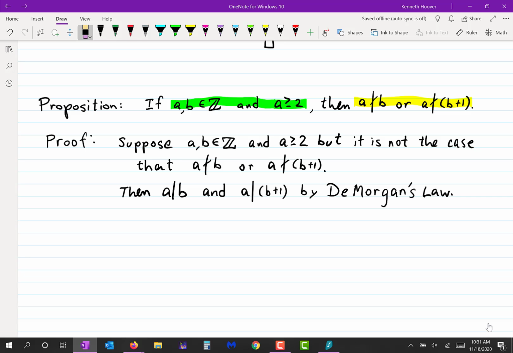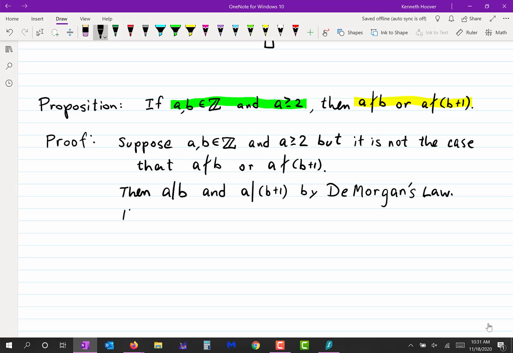Okay? Now, what does it mean to divide? The definition of divides says that if a divides b, then b equals a times an integer, right?